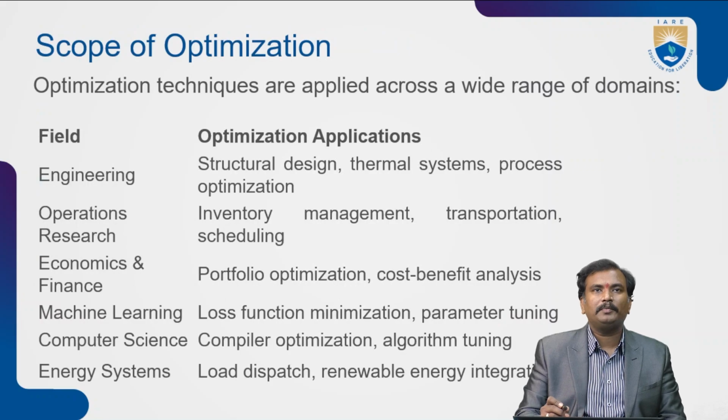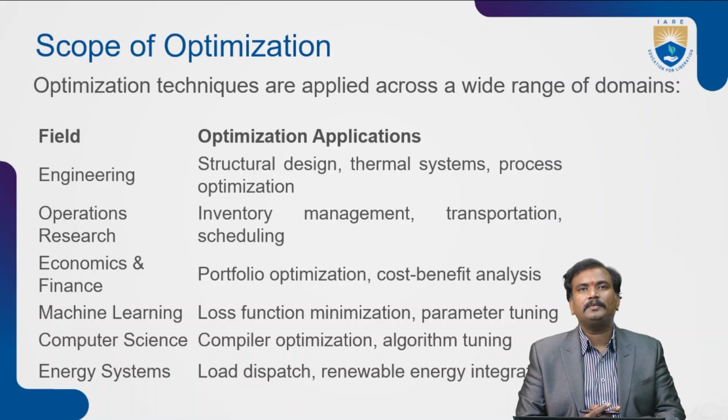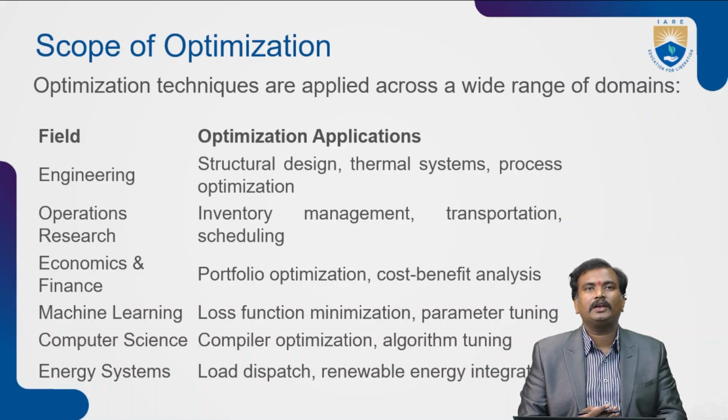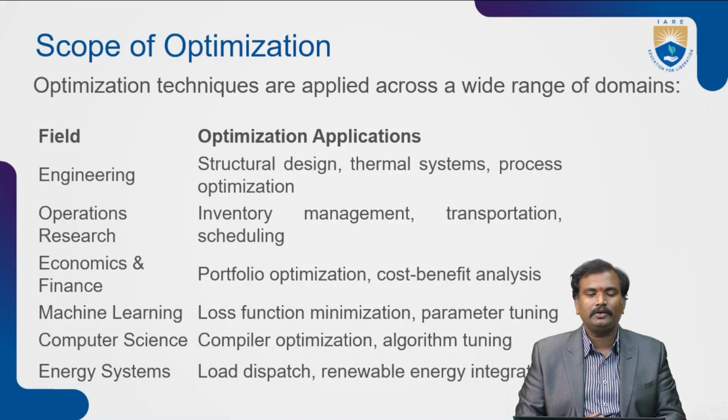And the scope of optimization. Optimization has scope in different areas. In engineering, structural design, thermal systems and process optimization, where we can use these optimization techniques. In operations research, we can use this in inventory management, transportation, scheduling.